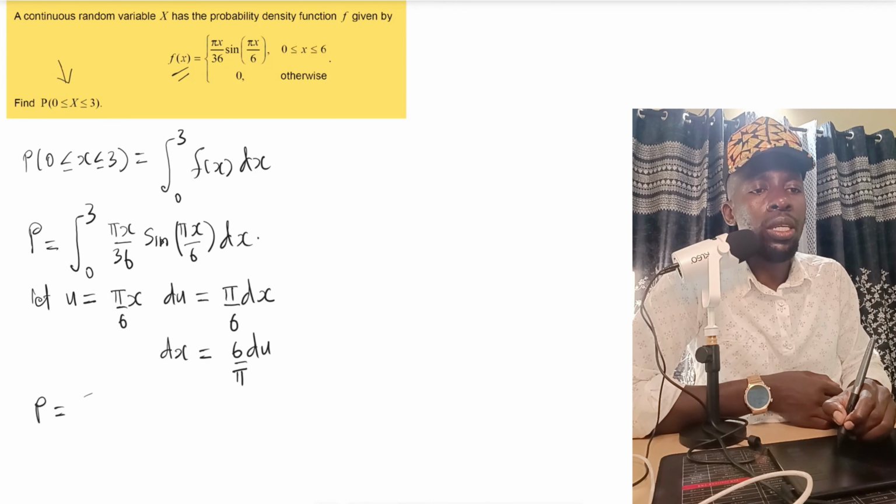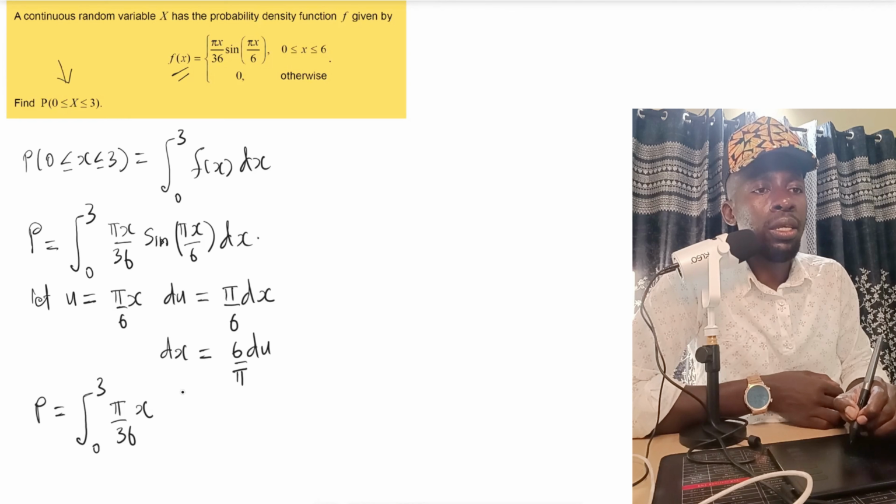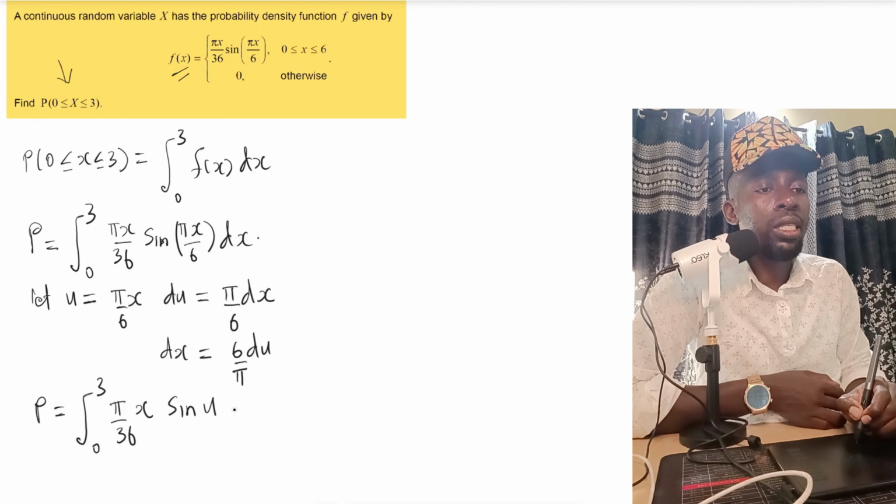So this is P equals the integral from 0 to 3 of pi over 36 x sine of pi over 6 x, which we said is u. And what is dx? dx is 6 du over pi.